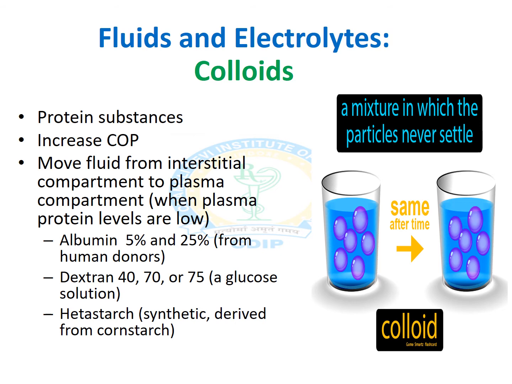So the fluid moves from the interstitial compartment to the plasma compartment when the protein levels are very low. It includes albumin 5% and 25% from donors, dextran 40, 70, 75, which are high molecular weight, and hetastarch, synthetic or from cornstarch.